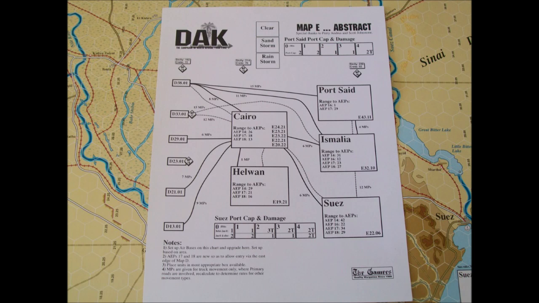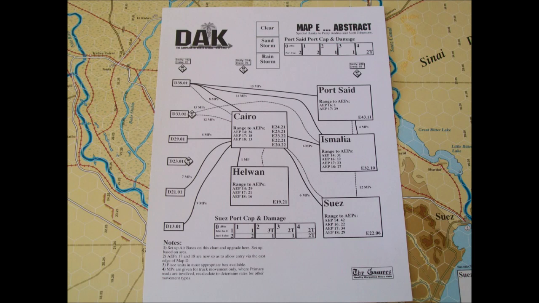And that is map D. So you can see on the left side of this sheet, it shows you the hex numbers entering D and how many movement points from any location to get there. I believe these are motor movement points. I mean, most of the units would be motorized, so it puts the movement points in those terms.